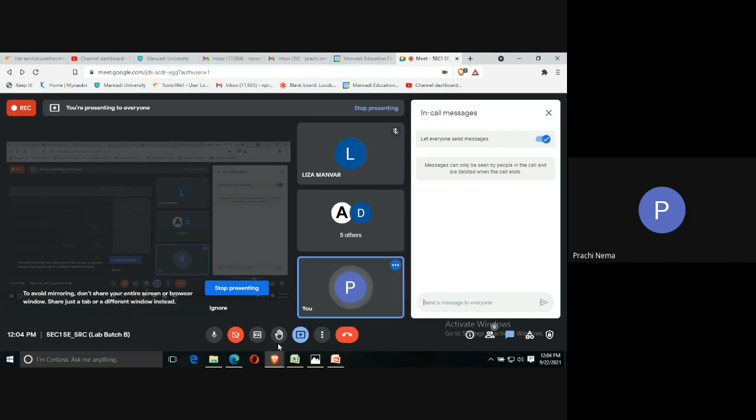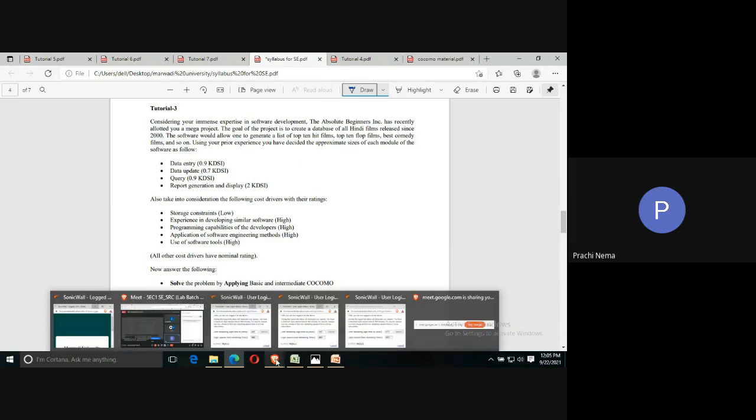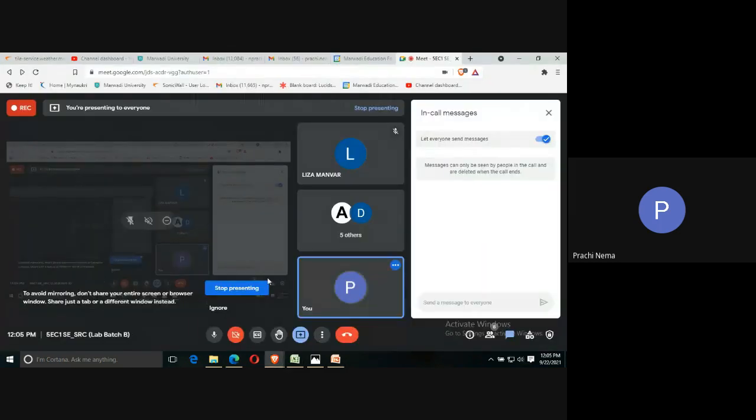I'm asking, is function point already covered, or COCOMO? If you don't say anything, I will consider COCOMO and function point as covered, and then we can move further. If you don't tell me, at least you can reply in the chat box.